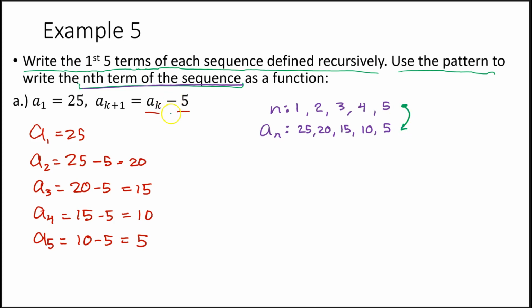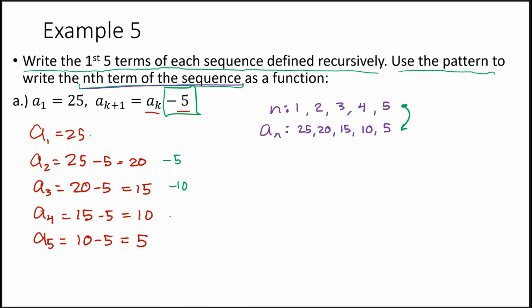Because if we think about it, on each of these over here, we subtracted 5 every time. So if I think about this first one, I minus 5, I minus 5 again, but if I think about it in total, I would have minus 10 from the very first one.